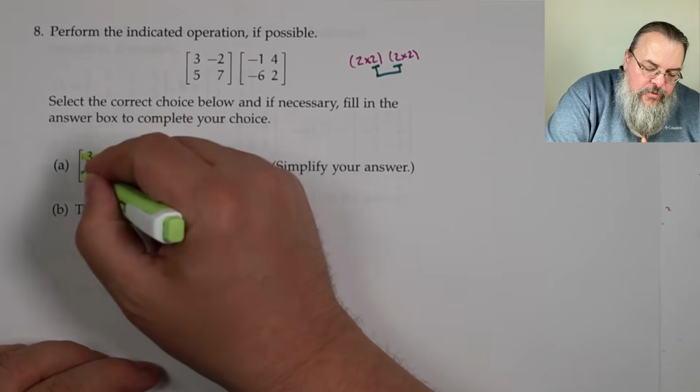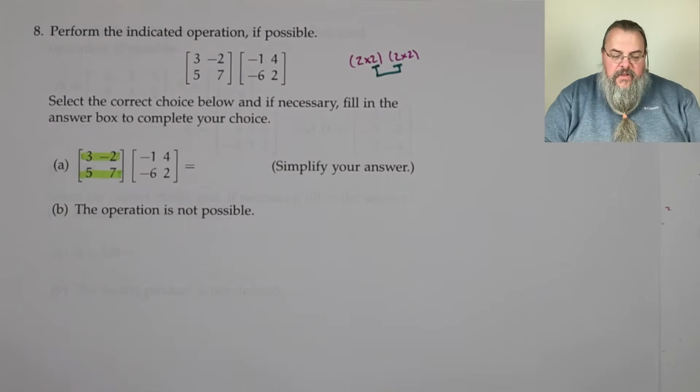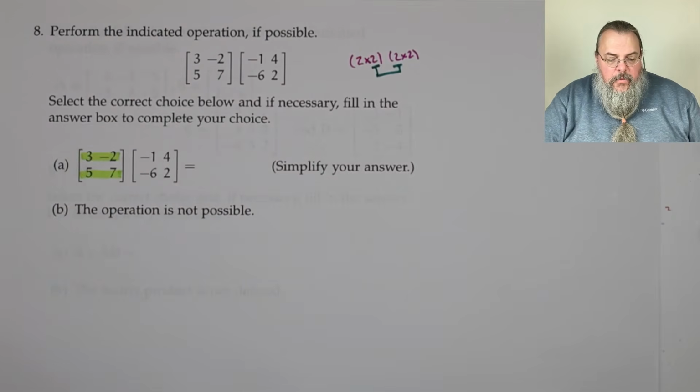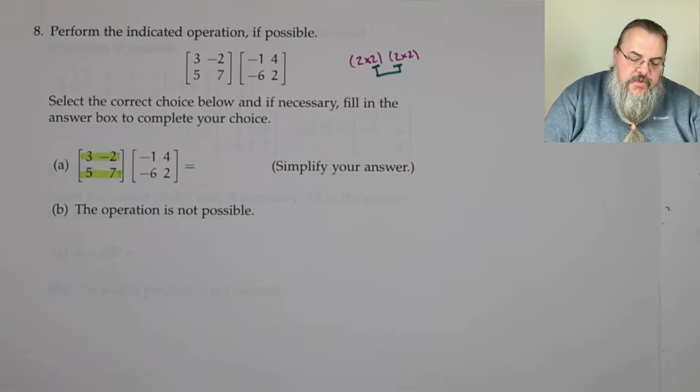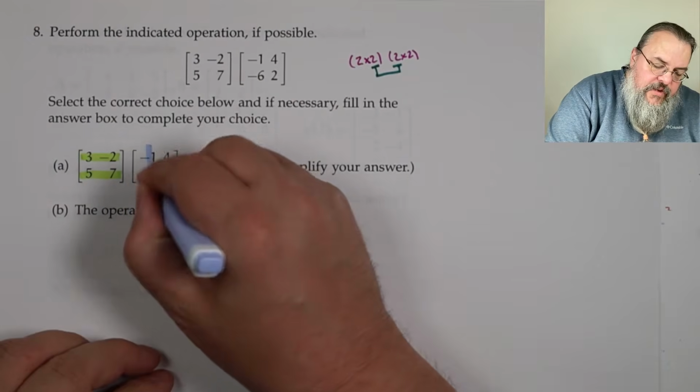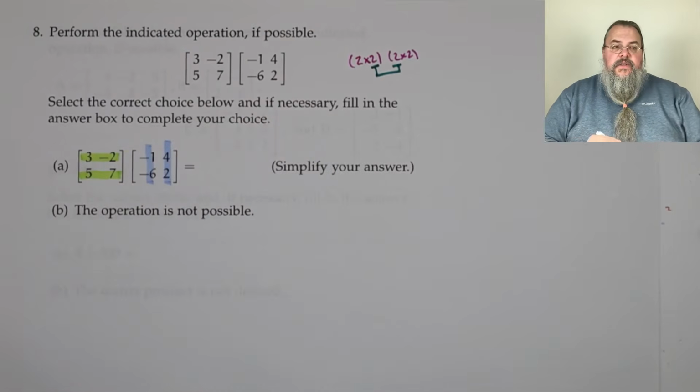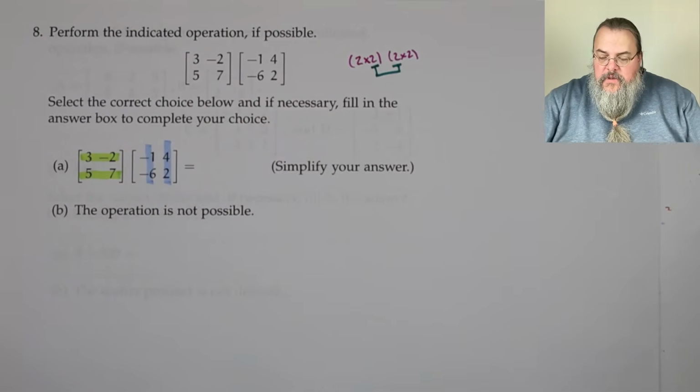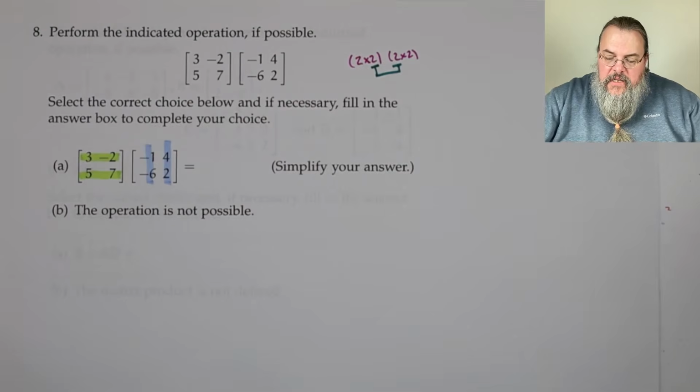We're going to work with the rows from the first matrix, and we're going to work with the columns of the second matrix. So I'm marking the rows and the columns. And now you proceed in the following fashion.